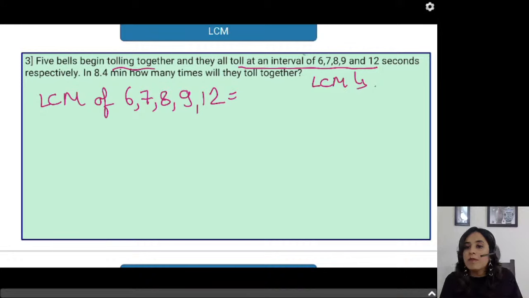Debanil is saying they will toll together once. What is the LCM of 6, 7, 8, 9, and 12? Can somebody please find it out for me? If you give me an answer here, it'll give me confidence that you have understood the concept of LCM, because the video was buffering so much that I couldn't speak with you guys during the concept slide.